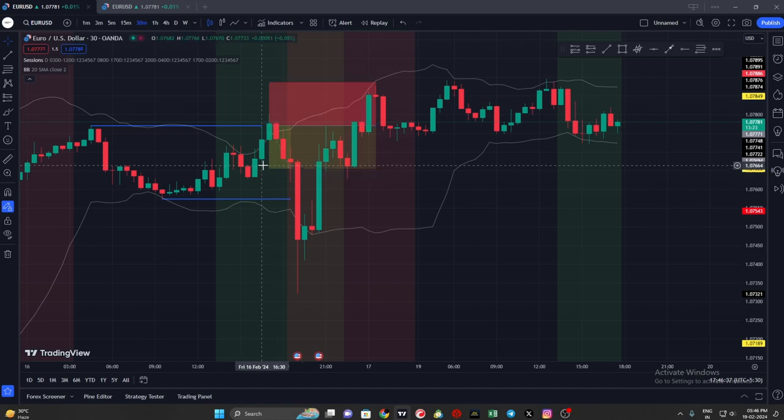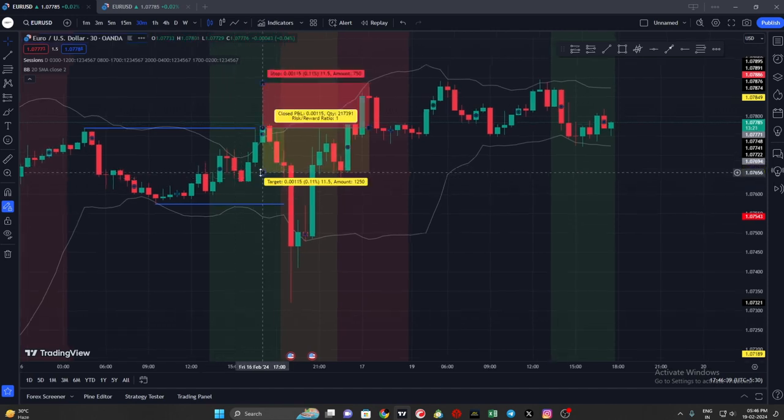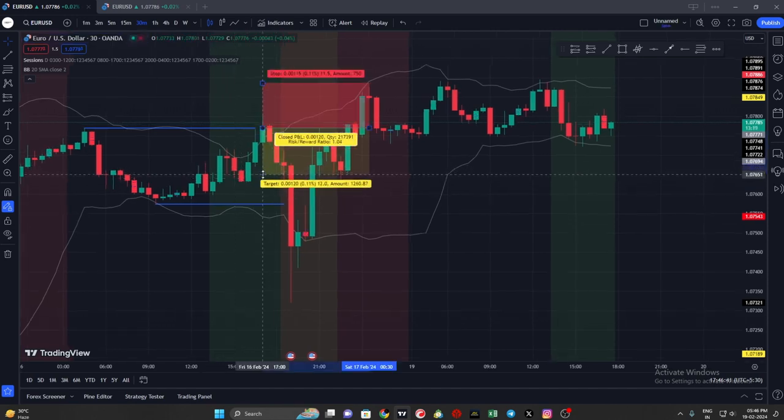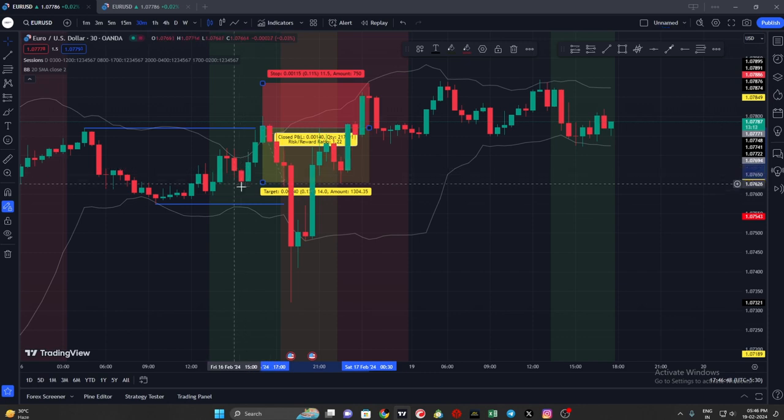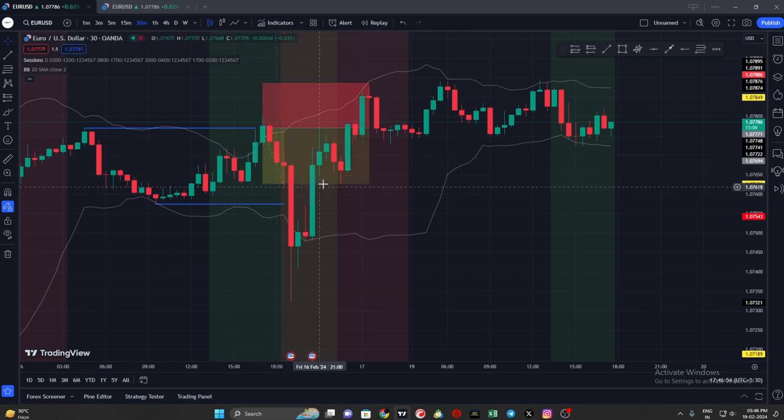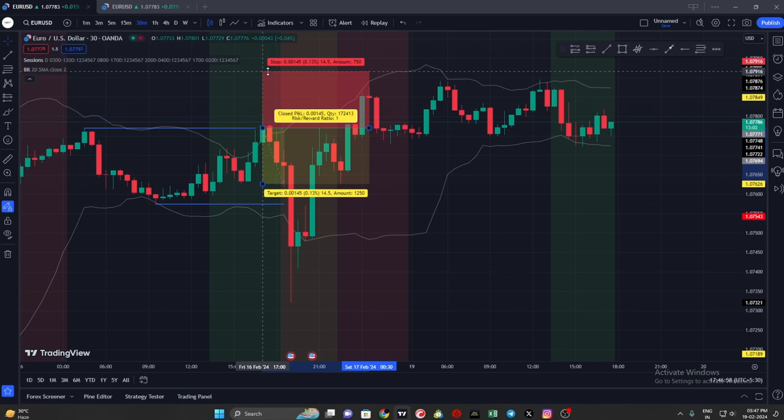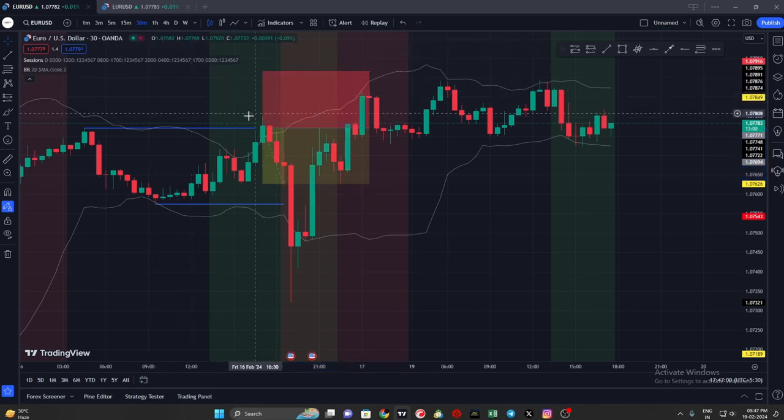Here we will target the recent liquidity, the recent swing low. We will target this low and our SL will be at the exact same distance. It's a 14.5 pips TP and a 14.5 pips SL. Simple as that. Price touched it and then it gave us a profit.